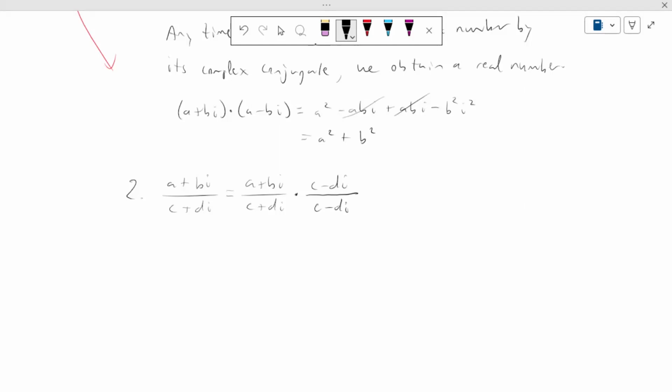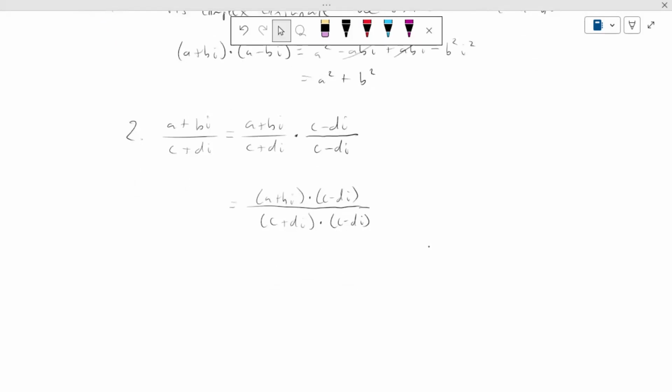And I know how to multiply fractions, so you just multiply the numerators. So we have A plus BI times C minus DI in the numerator. And then I multiply the denominators. So I have C plus DI times C minus DI in the denominator.